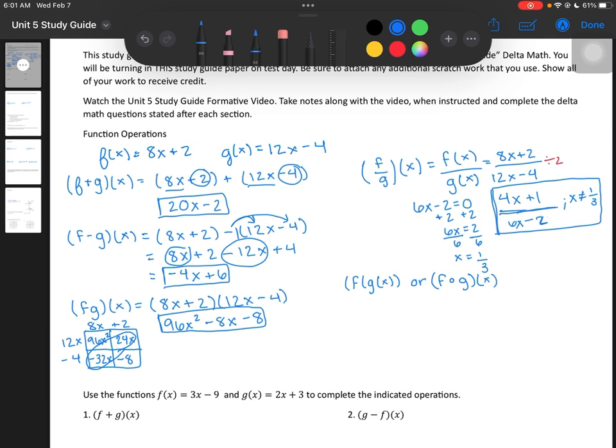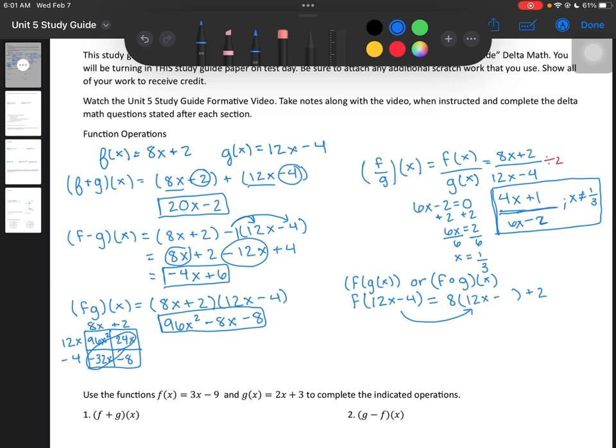So this means that I'm going to take my f function, and inside of my f function, I'm going to write my g function. Okay, so that means wherever I see an x in my f function, I am going to leave a big open space. And wherever that open space is, or that previous x was, that's where I'm going to put the g function, or the inside function.